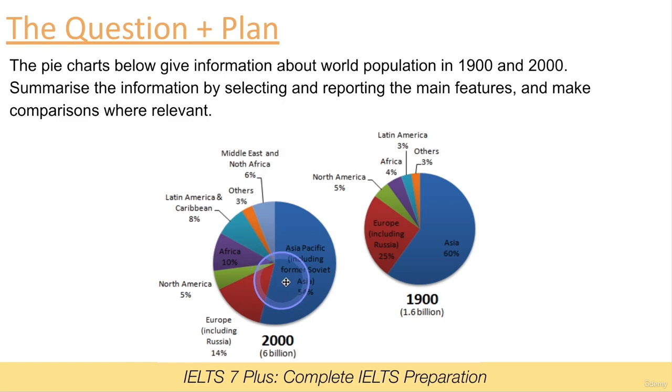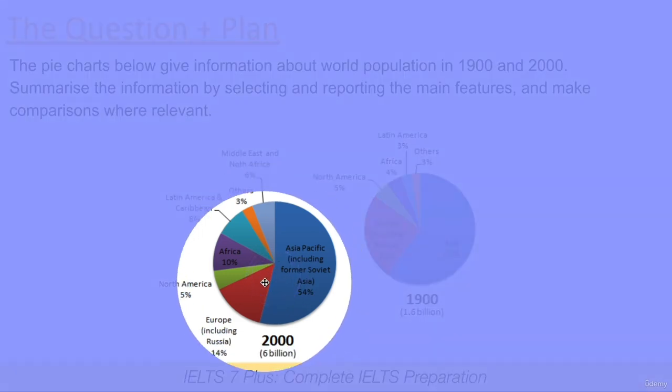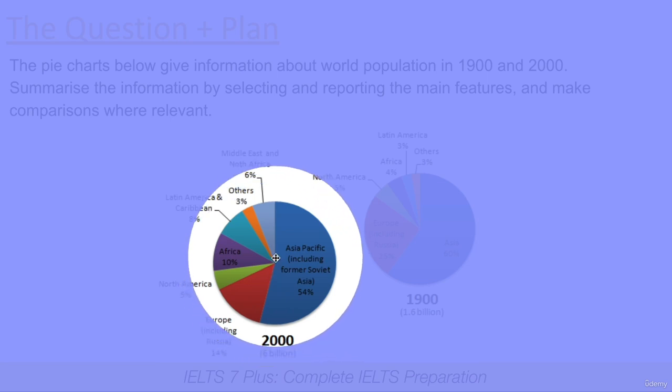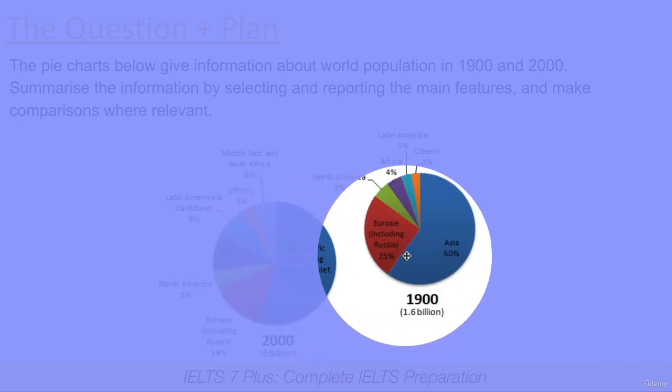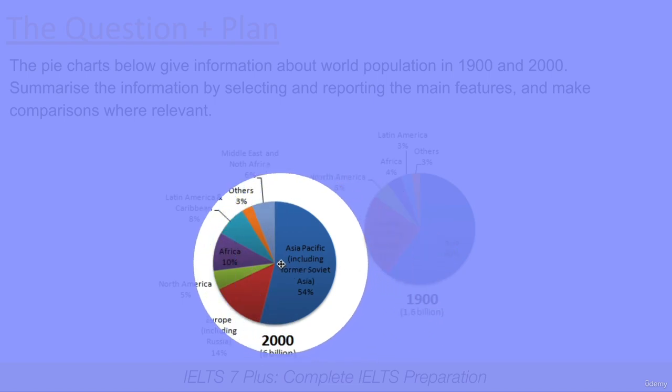Let's look now at the 2000 pie chart. 6 billion people. And the Asia category, this time it's called Asia Pacific, is 54%. So it's decreased from 1900. However, it is still the highest proportion of population.